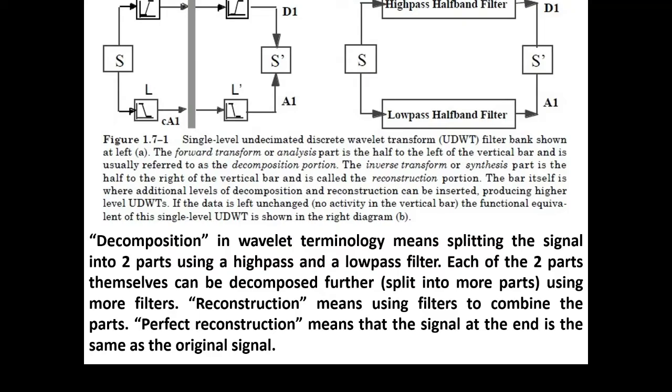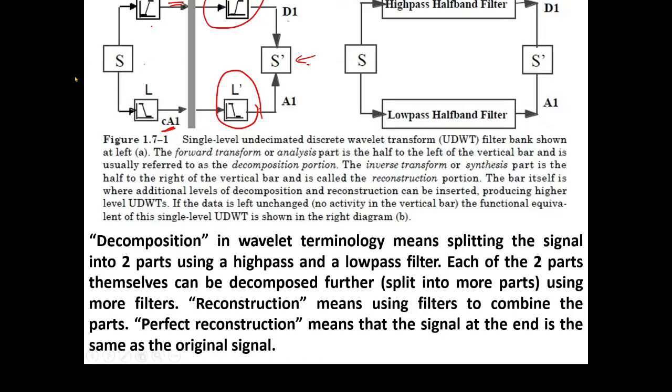Then before coming to the continuous time wavelet, I would like to make you understand what discrete time wavelets are. In the discrete time, we have a high pass filter and a low pass filter. The signal is broken down into the high pass and low pass filters, and again we have two reconstruction filters: the high pass reconstruction filter and the low pass reconstruction filter. When we add both these signals, we get the original signal S dash.